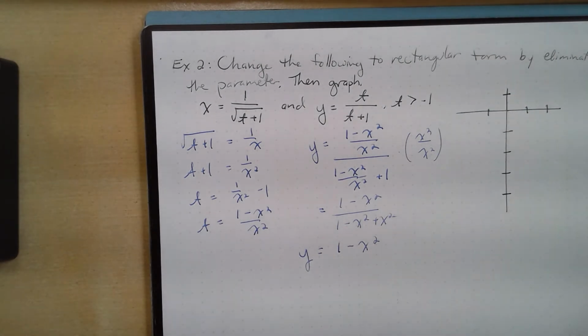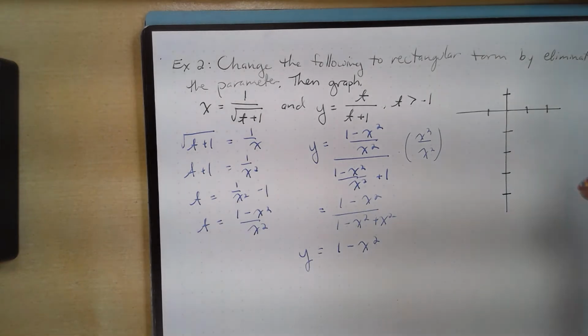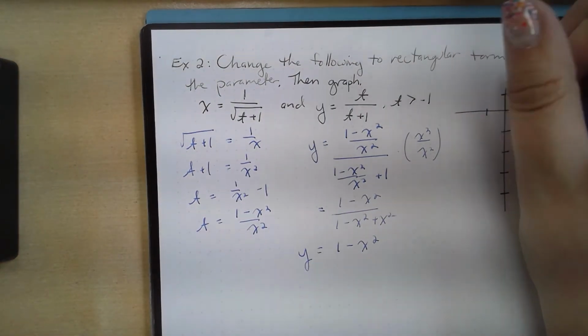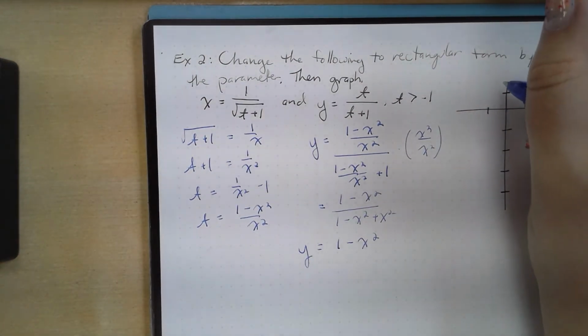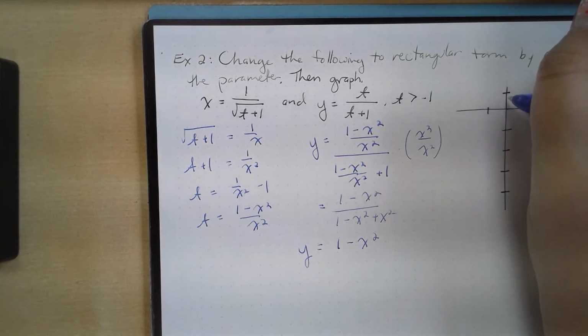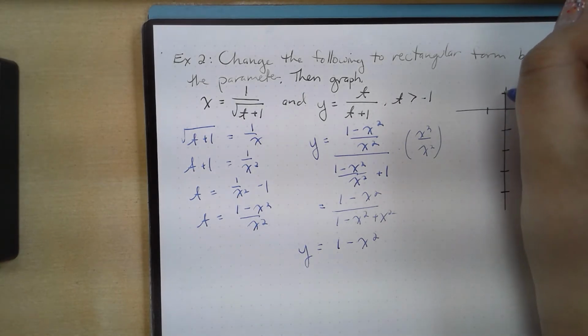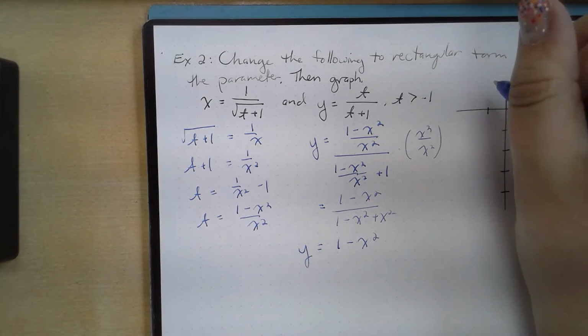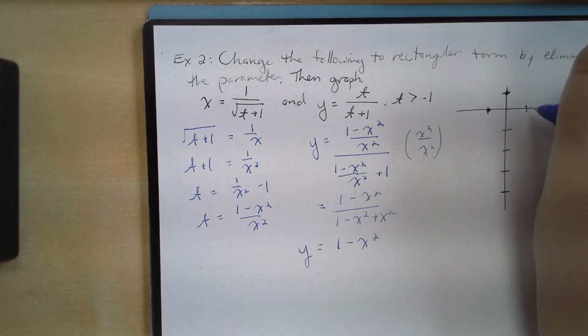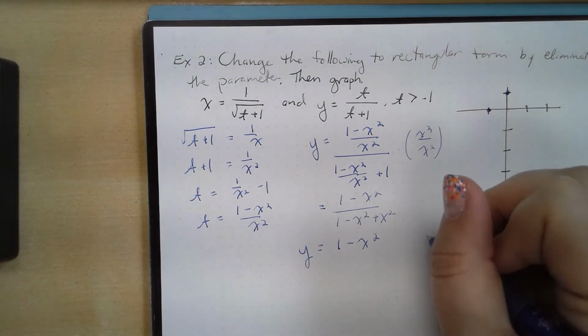Then I can graph it, I guess, if I really want to. I kind of don't want to badly at the moment. But our graph is going to be, let's see here. When x is 0, y is 1. When x is negative 1, y is 0. This is what I should be doing, right?